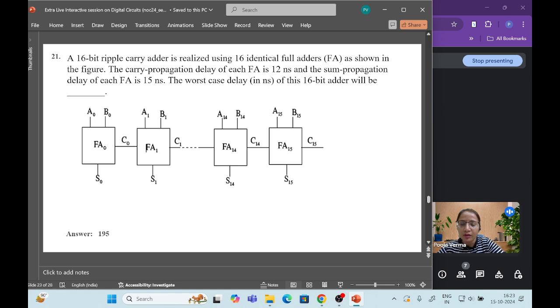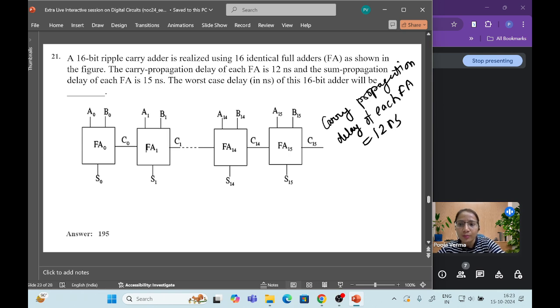The carry propagation delay of each full adder is equal to 12 nanoseconds, and the sum propagation delay is 15 nanoseconds. So in the worst case, what will be the delay of this 16-bit adder?